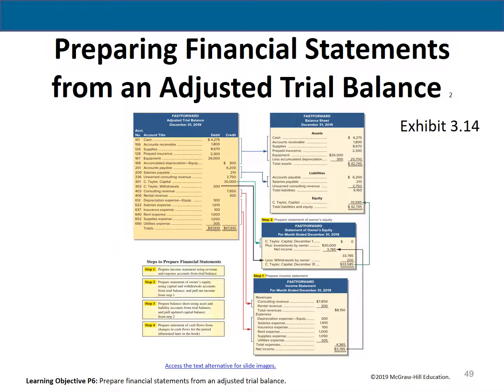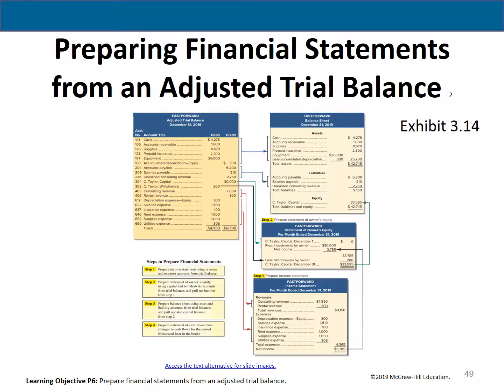It's this trial balance that is used to create financial statements because all the revenues and expenses are on there. All the assets and liabilities are at their proper balance. So we make an income statement just like we did before. You can see the revenues are listed and the expenses, but you're going to see we have more expenses than we ever did.